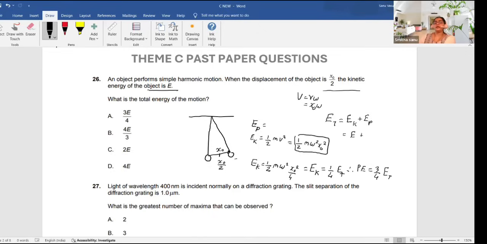What will be one-fourth of total energy? This part is E. If this part is E, then potential energy will just be E by 3.